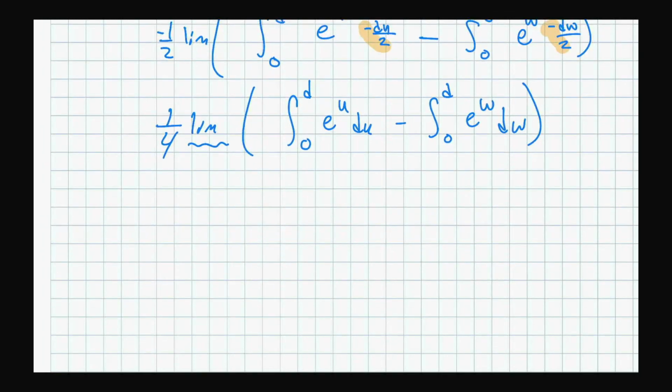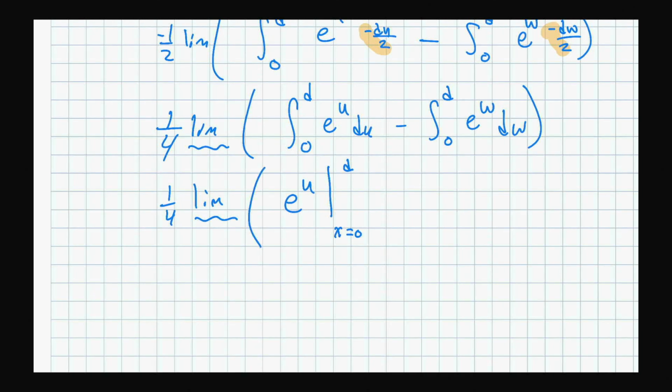Of course, these are easy integrals. Just e to the u, and that's from x goes from 0 to d, minus e to the w, and of course that's x goes from 0 to d, not the w.